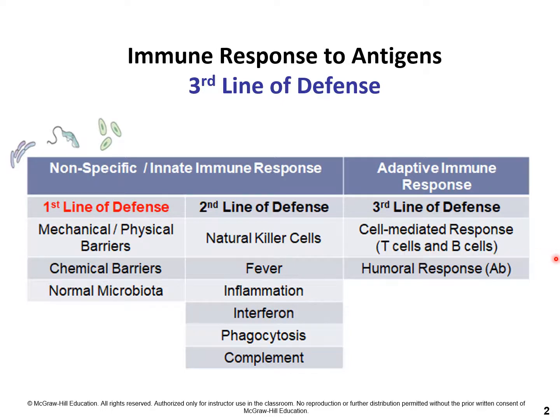And as we learned in one of the previous lectures, when we learned about the lymphatic system, T cells and B cells are produced in the bone marrow, and T cells or T lymphocytes are named such because they migrate to the thymus, and that is where they mature, and the B cells mature in the bone marrow.